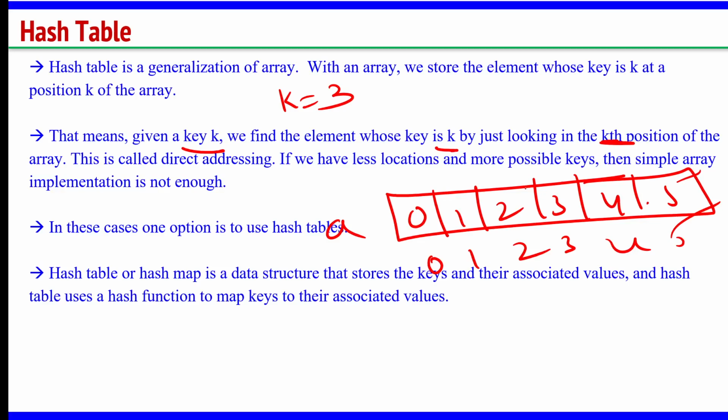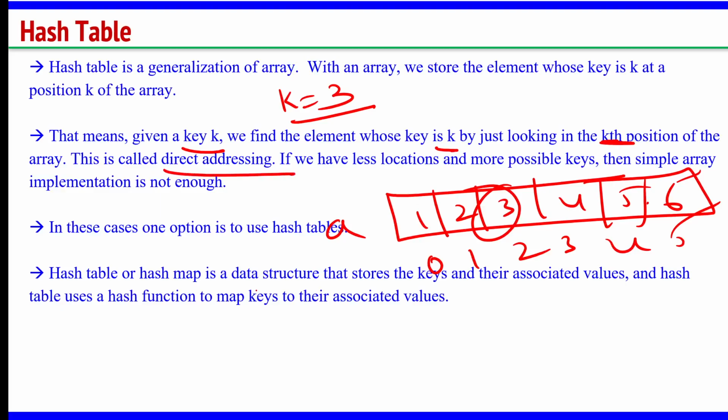Maybe I could store something like 1, 2, 3, 4. Now it makes sense: k is given as 3, look at the third position, and you get the value. This approach is called direct addressing.